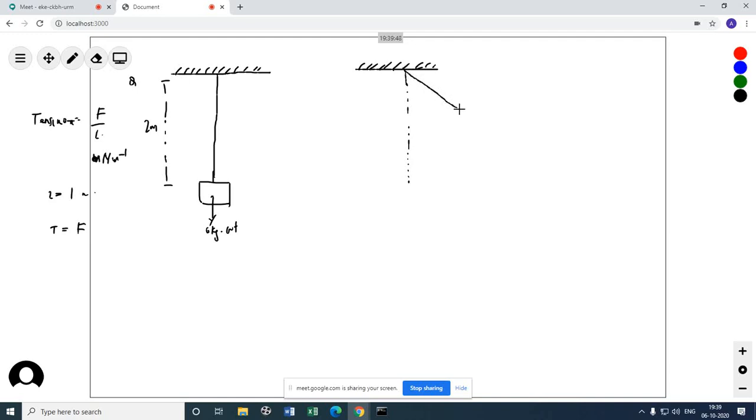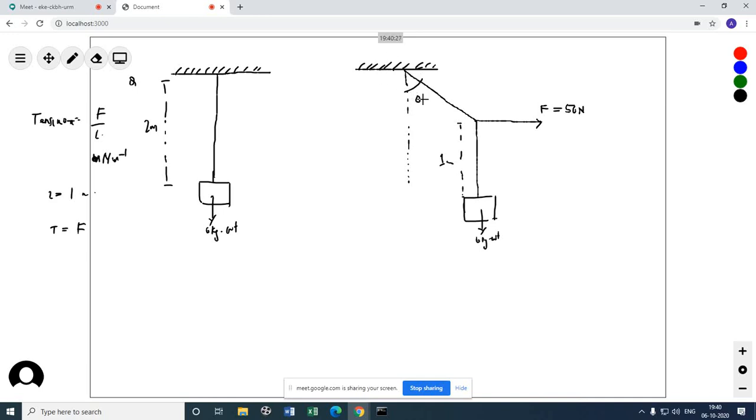From here another string has been fixed and it has been pulled by a force of 50 Newton. This length is now 1 meter. This is 6 kg weight, don't forget that. This is 50 Newton. Okay, given.